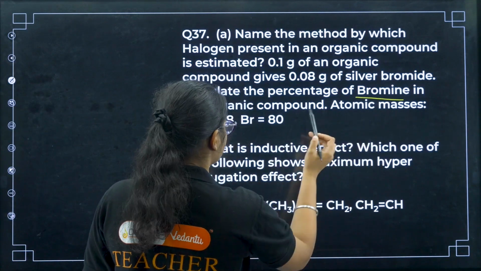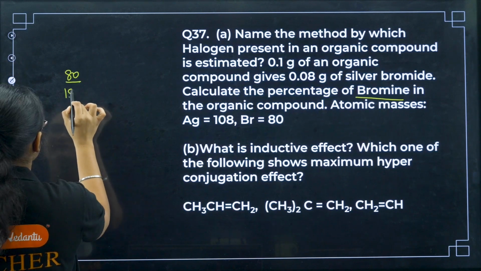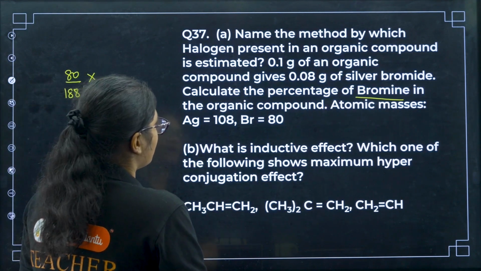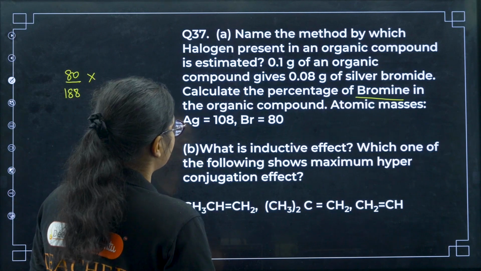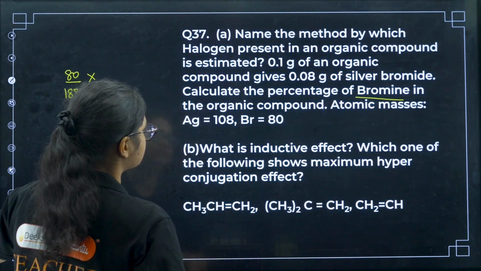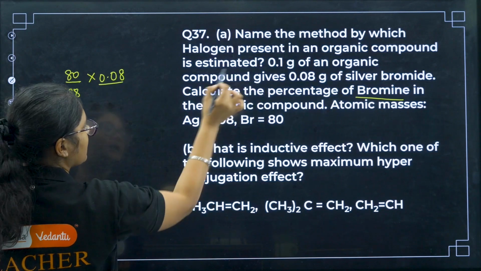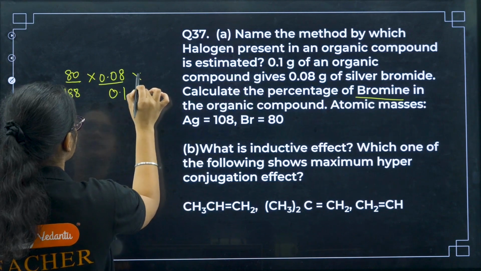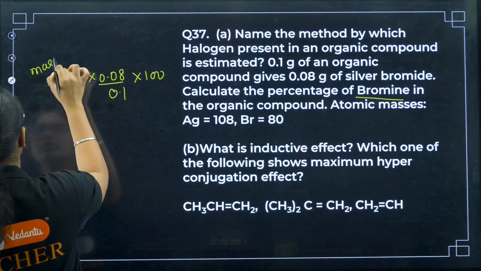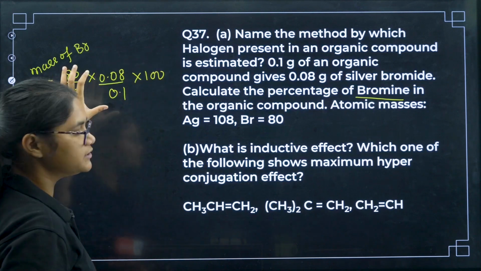The formula for calculation of bromine is 80 by 188, into the amount of silver bromide that is produced in the reaction, right? 0.08 divided by mass of the organic compound 0.1, into 100. Okay, so this gives the mass percentage of bromine. You can do the calculation and check the answer, how much we are getting.